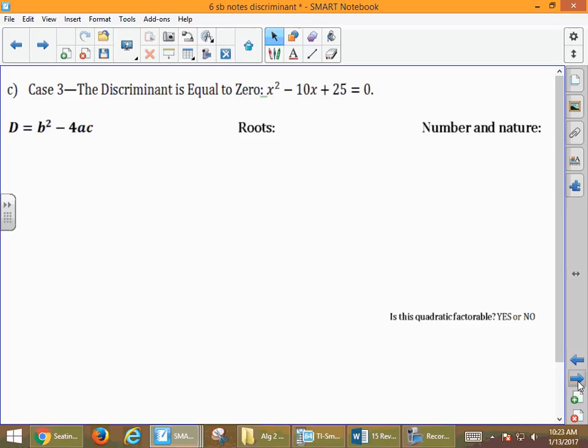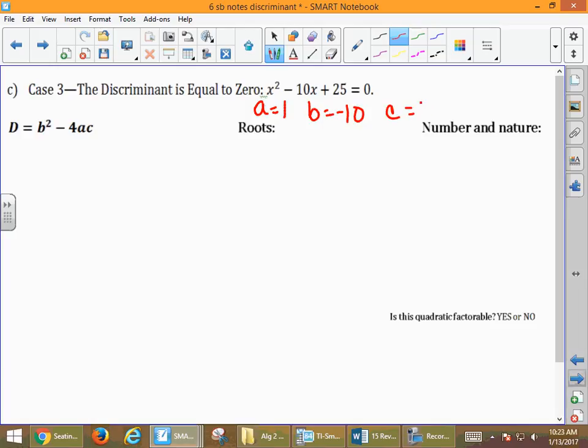So, like the others, we start with A is 1, B is negative 10, C is 25. We're going to put these values back into our discriminant, which is b squared minus 4ac. No wrap. So it's going to be negative 10 squared, and if you're typing that in your calculator, you need parentheses.